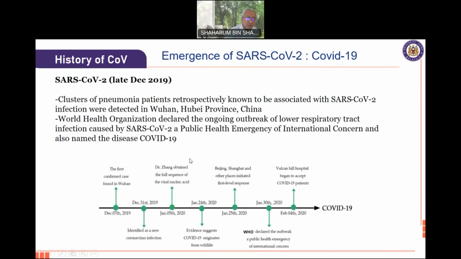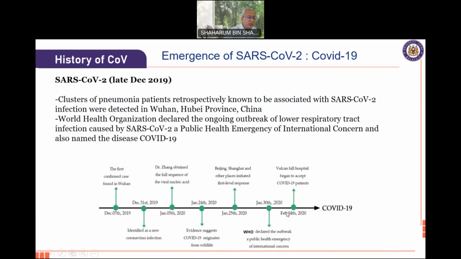The whole gene was characterized in January 2020, and on the 24th of January they announced that they had evidence to suggest that SARS-CoV-2 originated from wildlife. WHO declared the outbreak a public health emergency of international concern on the 30th of January 2020. And the rest is already history.